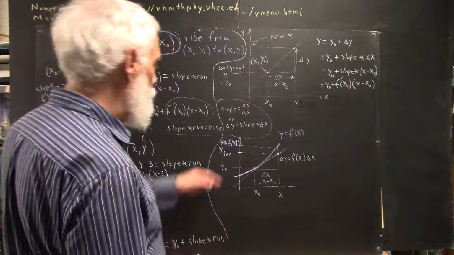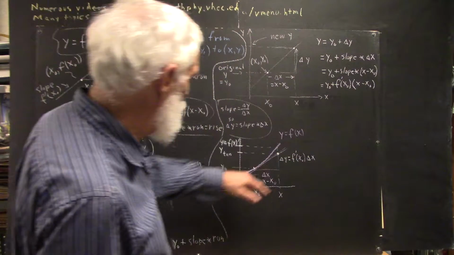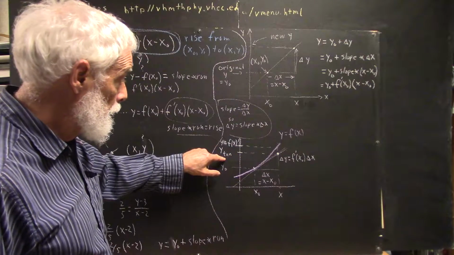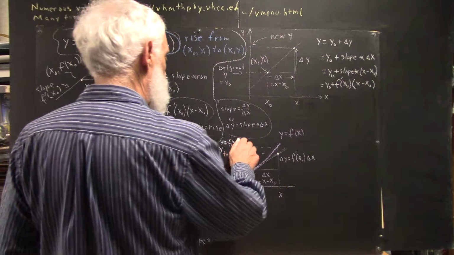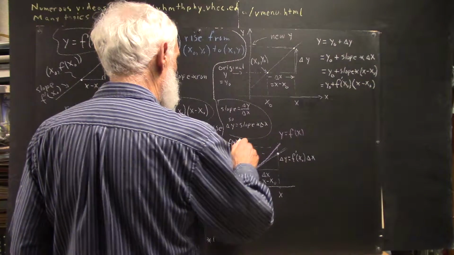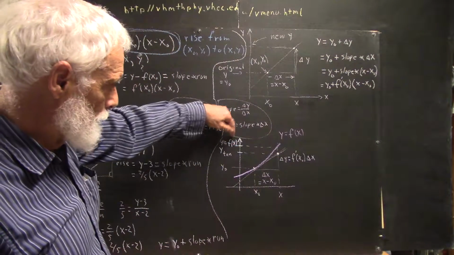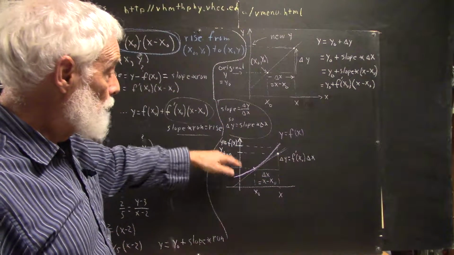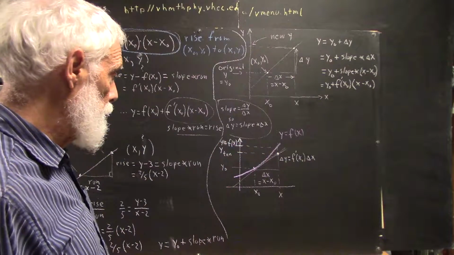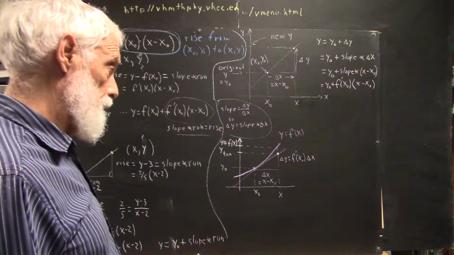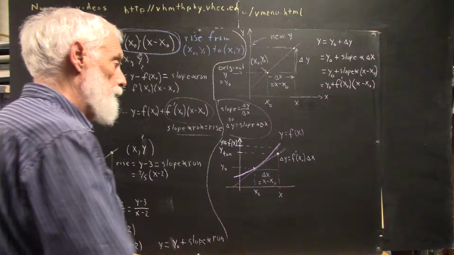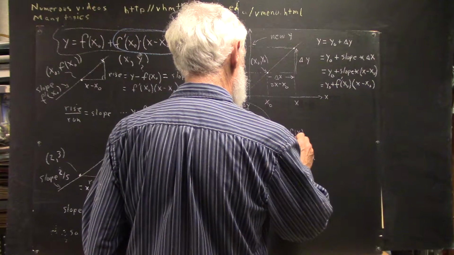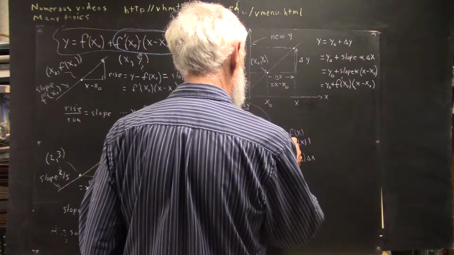Now I labeled the value of y that corresponds to this point on our tangent line y sub tan, just to indicate that this is the tangent line approximation, and this is the actual f of x, and the part of that arrow looks a little bit like a prime, so we don't want to confuse this with a derivative. Okay, so here's our value of y equals f of x. Here's our point on the tangent line. So the coordinates of this point here are x, f of x.